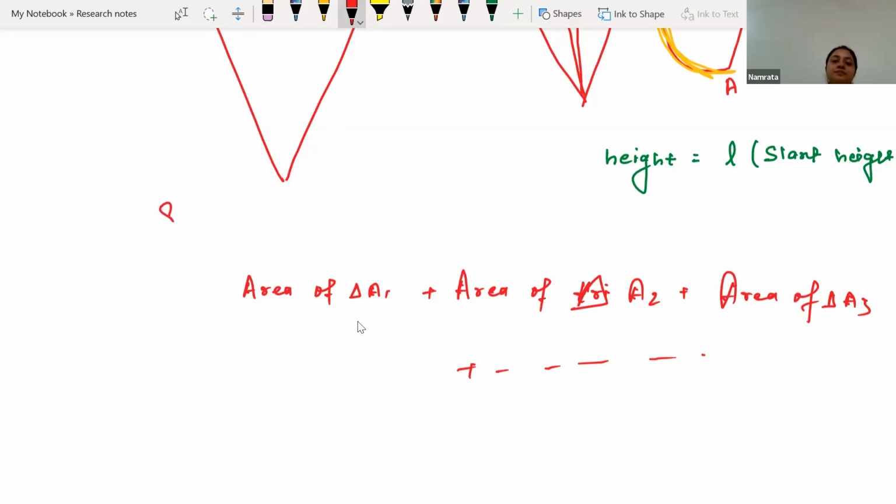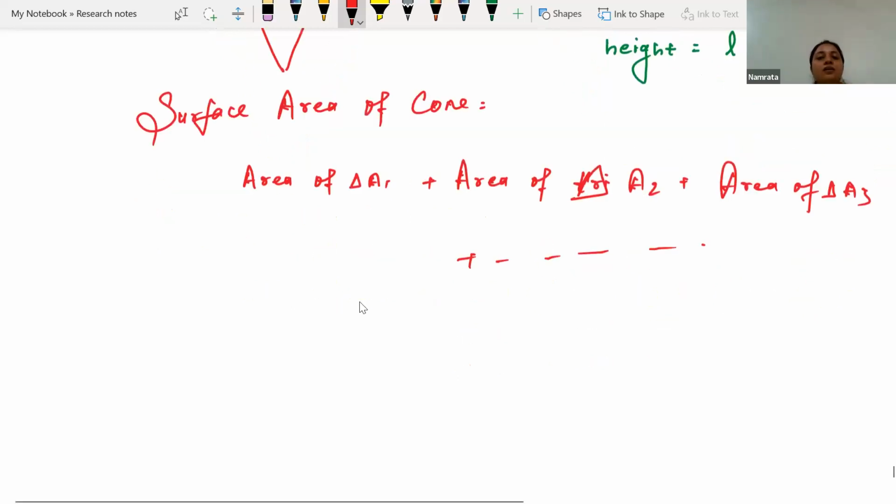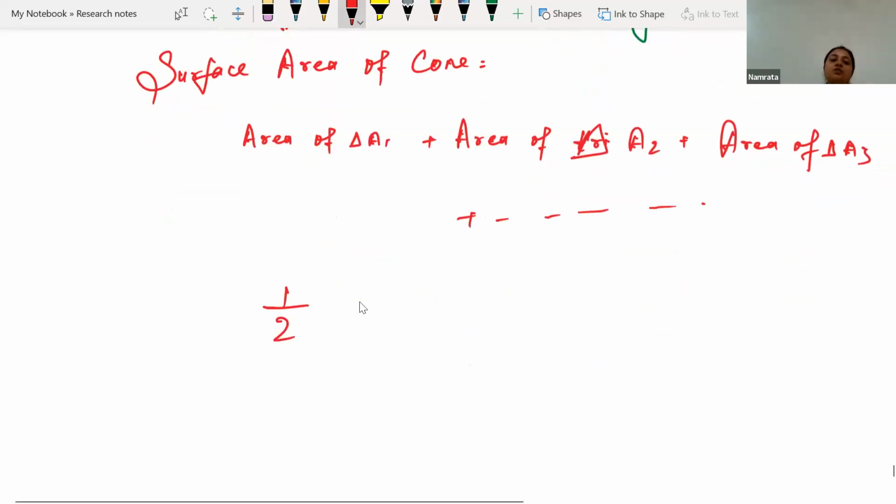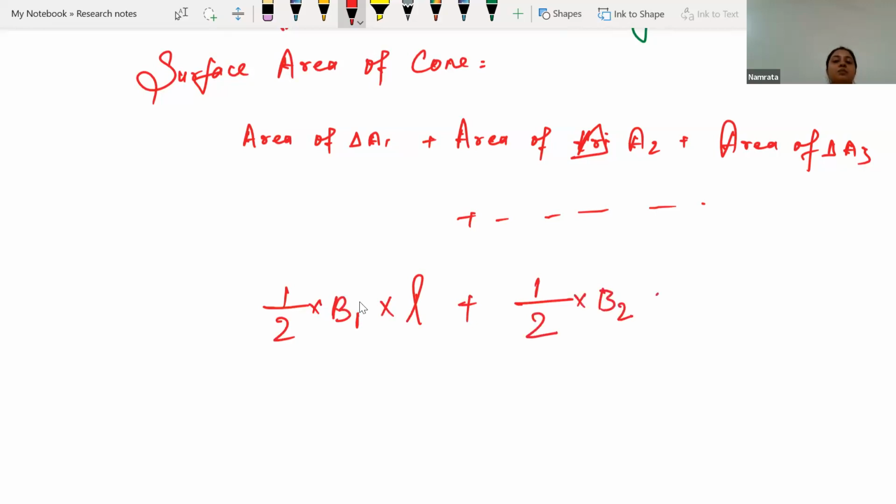Okay. Now all the triangles are having 1 by 2 into base into height, which is L. Another one is also having 1 by 2 base, I am writing B2, height is the same L. Another triangle 1 by 2 base, I am writing B3, height is L. Each and every triangle has a different base, but height is L.